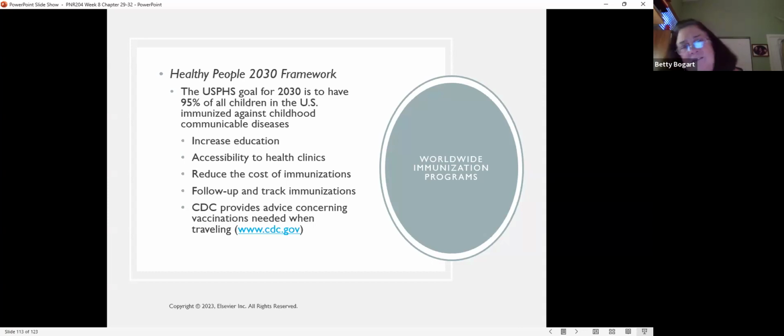Every 10 years, they make a new list, whether it's dental care, obesity, or getting immunizations. All of these things are followed closely. The goal for 2030 is to have 95% of all children in the US immunized against childhood communicable diseases. So this is a government initiative, and you'll see funds directed from the government to try to get this done.